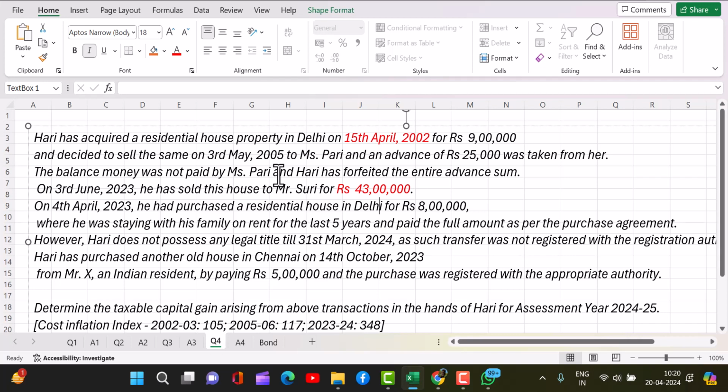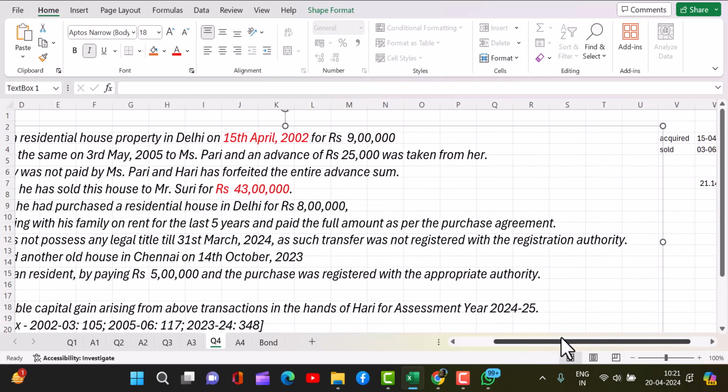On 4th April 2023, he had purchased a residential house in Delhi for rupees 8 lakh, where he was staying with his family on rent for the last 5 years, and paid the full amount as per the purchase agreement. However, Hari does not possess any legal title till 31st March 2024, as such transfer was not registered with the registration authority.